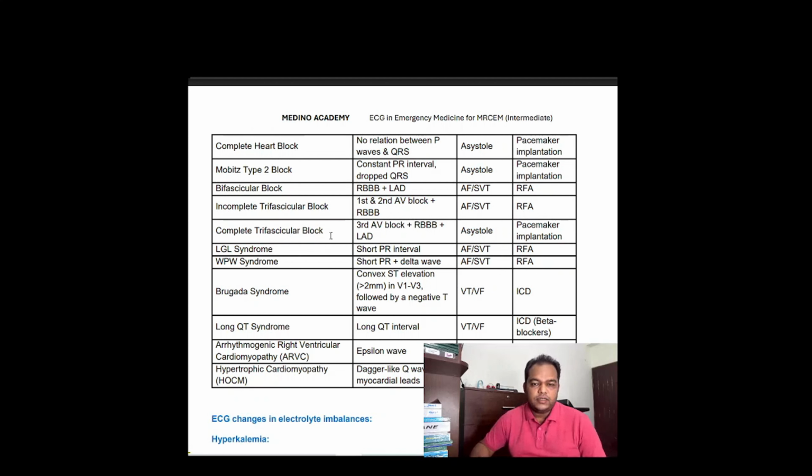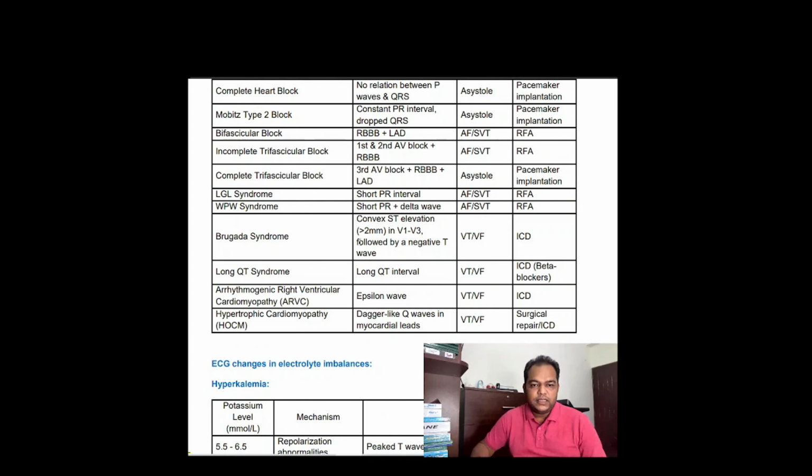Complete heart block is represented by bifascicular block plus third degree AV block. That means RBBB plus LAD or RAD plus third degree AV block. LGL syndrome is represented by short PR interval, but WPW syndrome by short PR interval with delta wave.